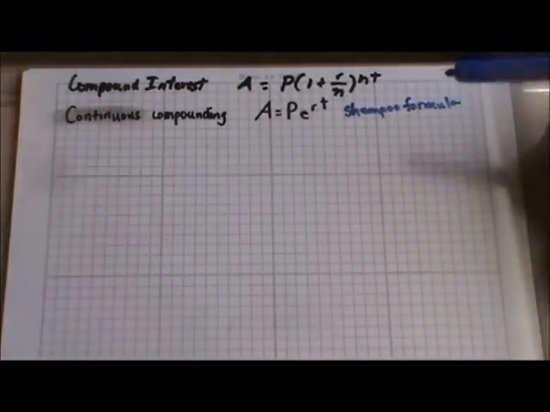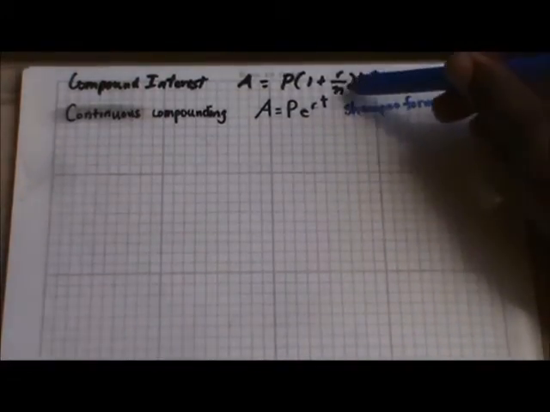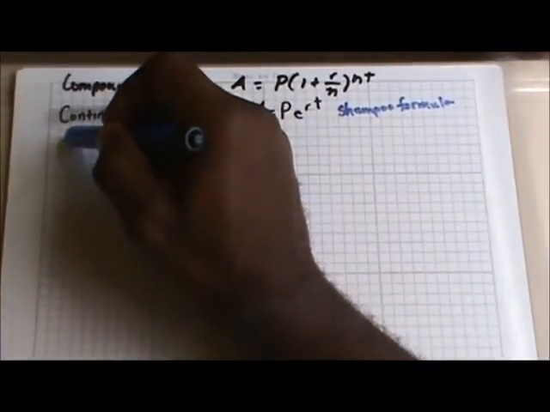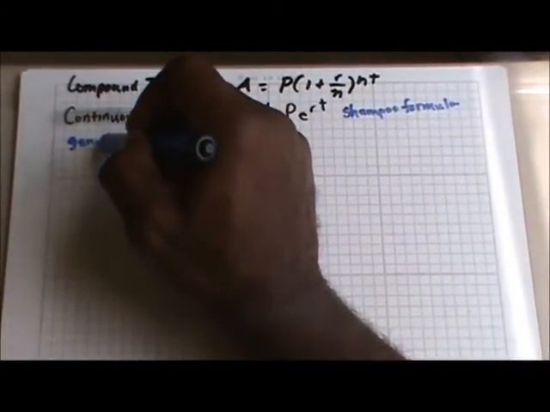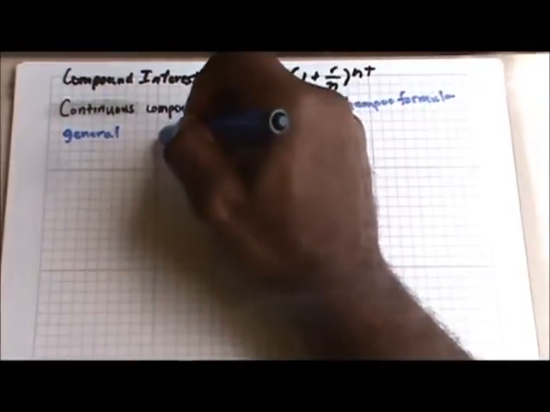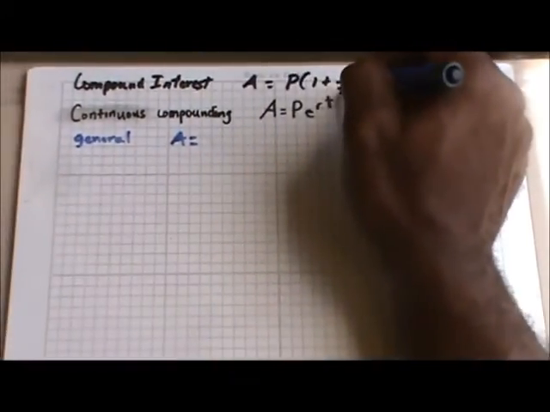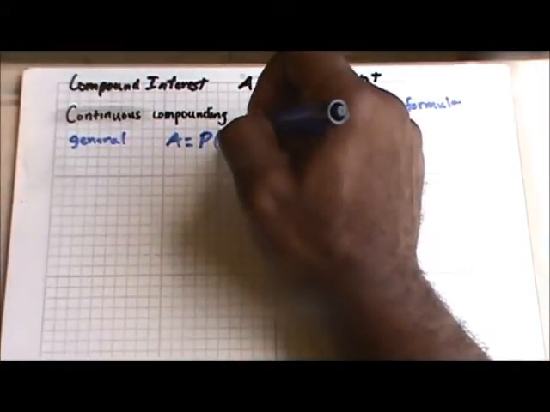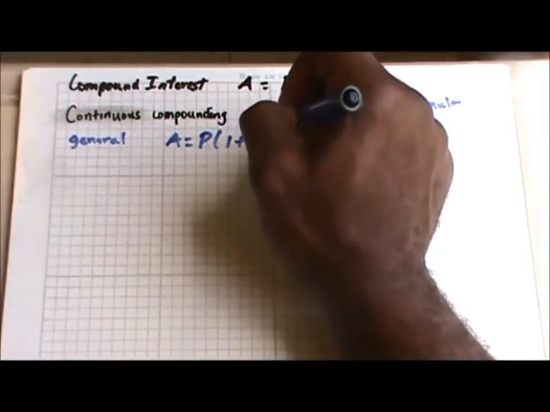If it's an increase and it doesn't mention compounding, then we go with the general equation. Because n becomes 1, A is equal to P times 1 plus r to the t.